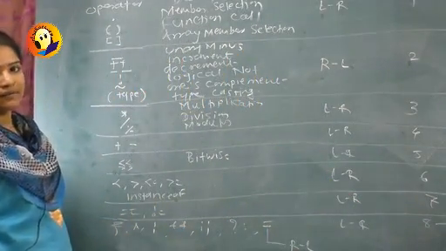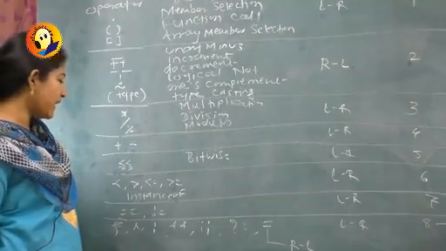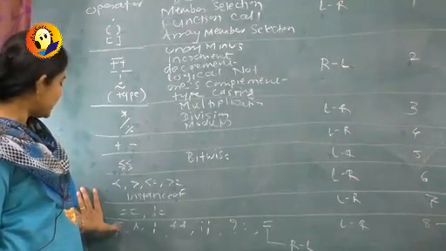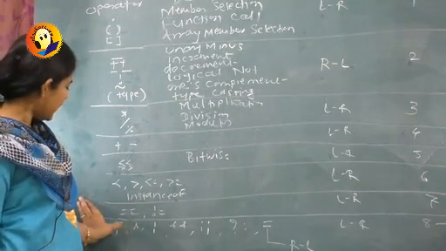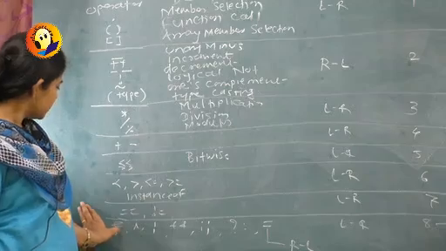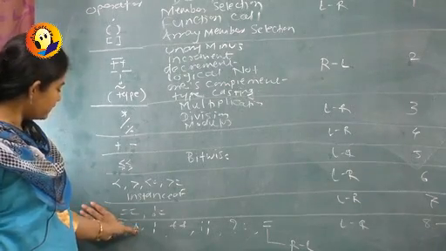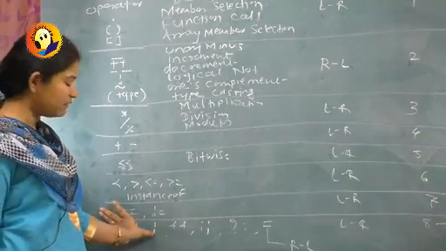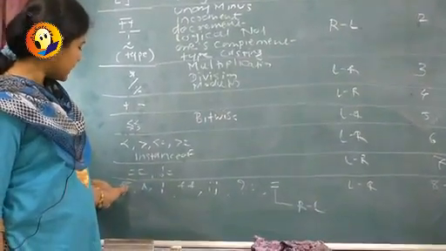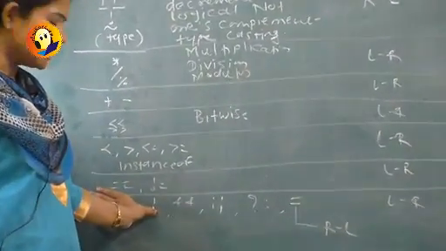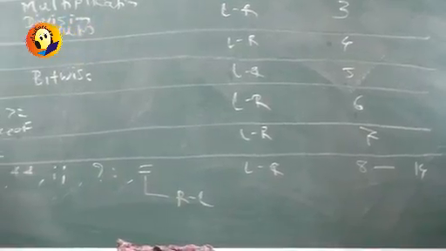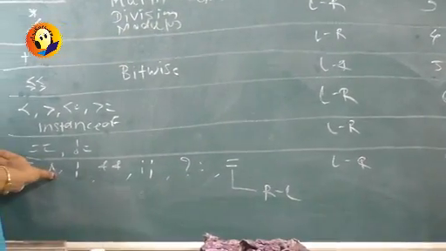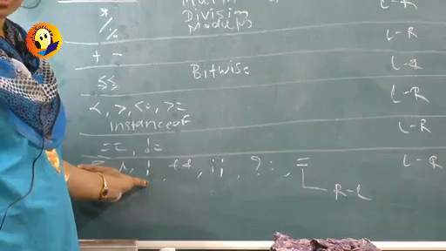After that there are various bitwise and logical operators. Bitwise and is at highest priority, 8, after that bitwise XOR, 9, and after that bitwise OR, 10.